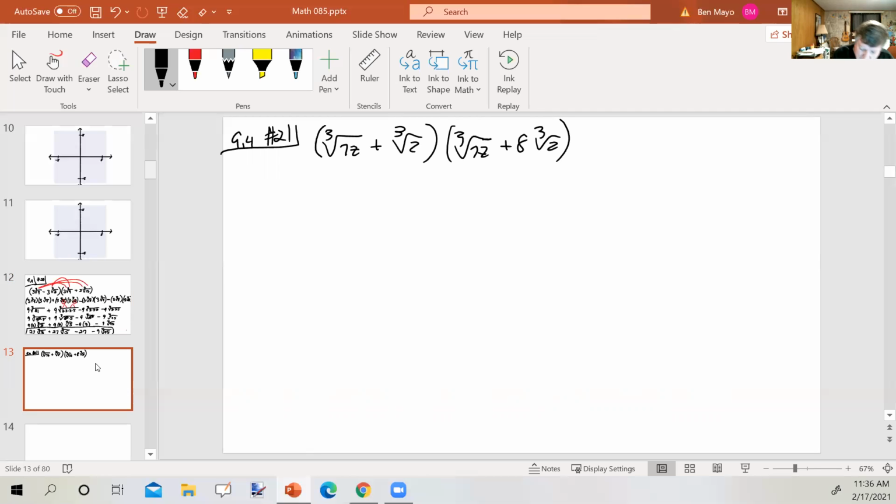Okay, same idea. We're going to FOIL it. So we're going to take the first times the first, and that's going to give us the cube root of 7z times the cube root of 7z.